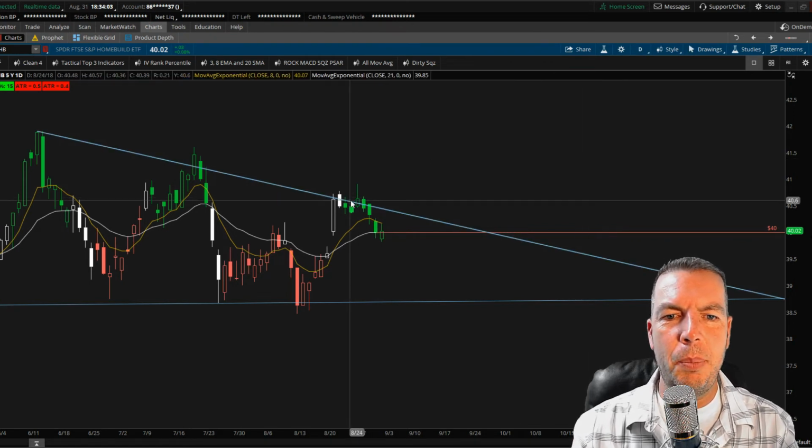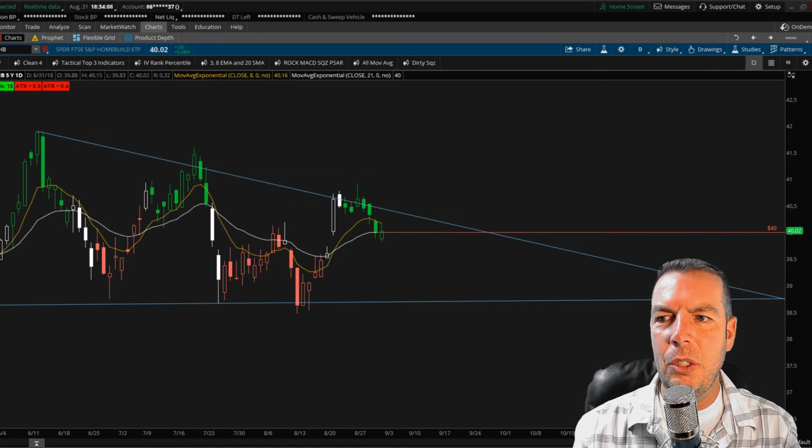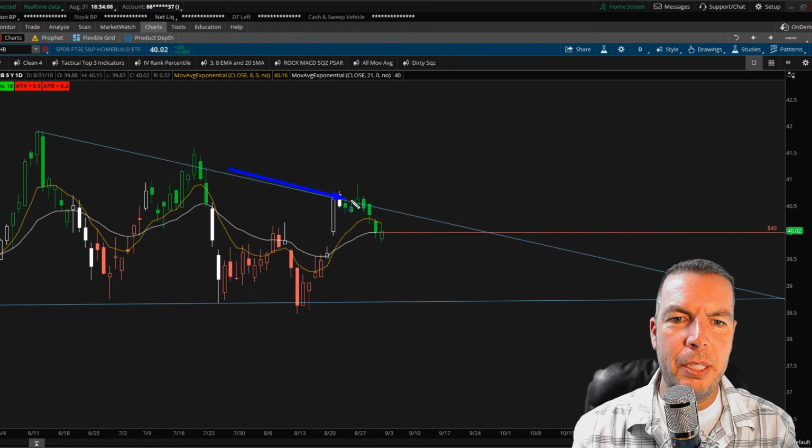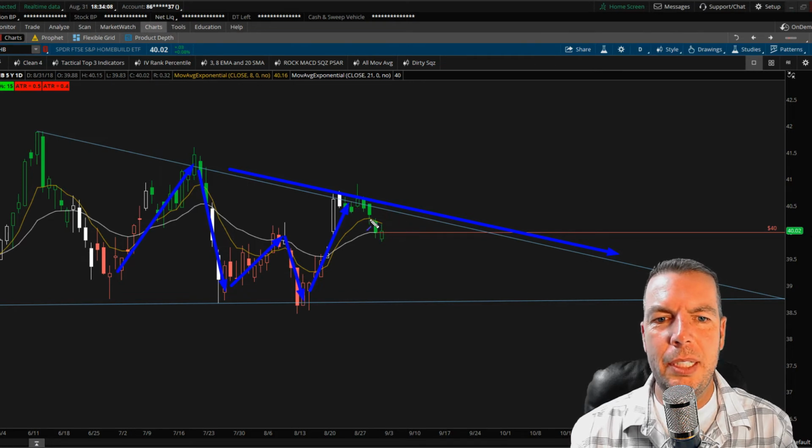But let's say, for example, we saw this stock rise and it hit this resistance here, and now we're looking for that stock to trade lower. As it has in the past, it hit that resistance, came down, bounced, and then up again, down. It's hit this resistance, and we're expecting this stock to trade lower.